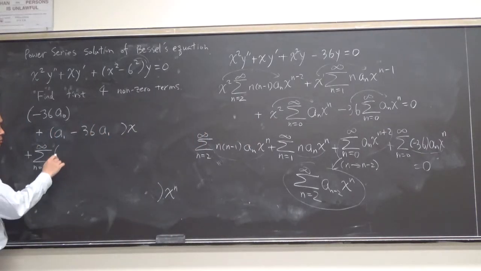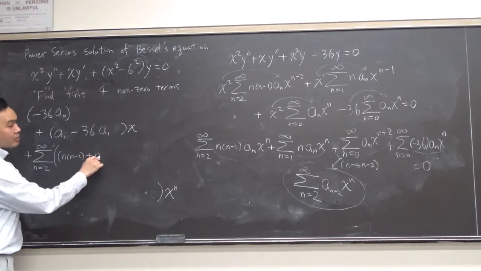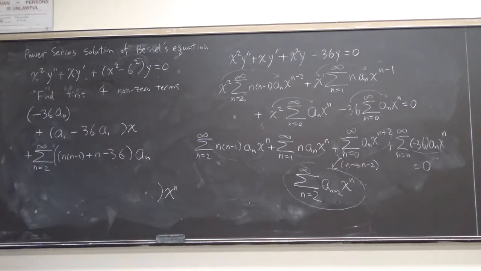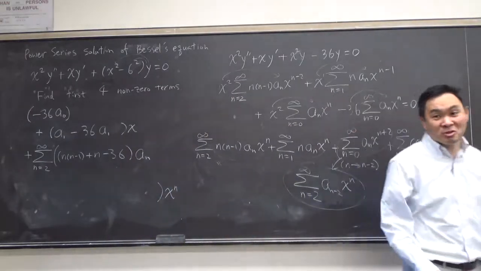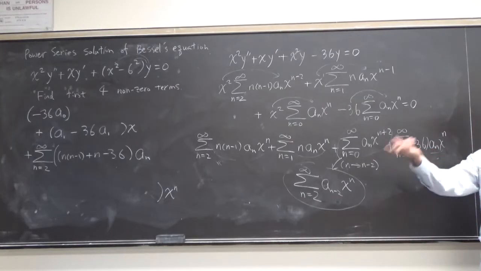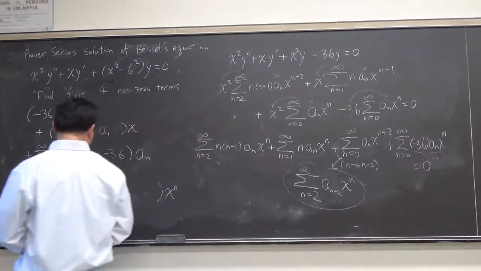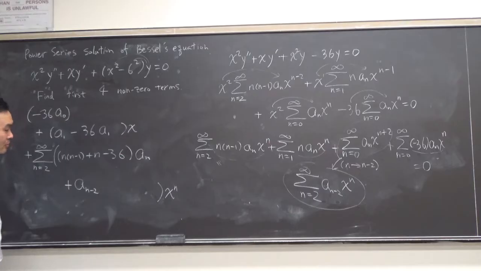So here's what I get: n minus 1 plus n minus 36, of a n. I'm skipping steps compared to the previous question I solved. All I did was take these 3 terms and factor a n out because all of them have a n's in there. But this one doesn't have an a n, it just has a n minus 2. And that has to equal 0.